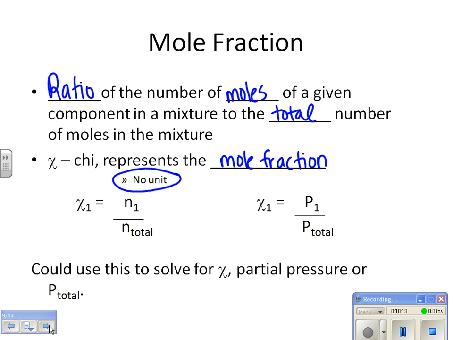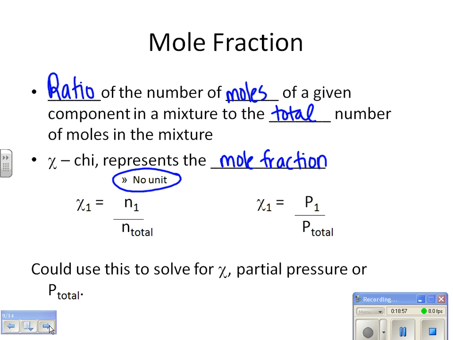Now, if you think about PV = nRT, and you have a mixture of gases at the same temperature, the same volume, the same R, then the ratio of n to total n is going to be the same ratio as the individual pressure to the total pressure. So you can find the mole fraction of that gas by finding the partial pressure of that gas over the total pressure. This can be used to solve for mole fraction, partial pressure, or total pressure.